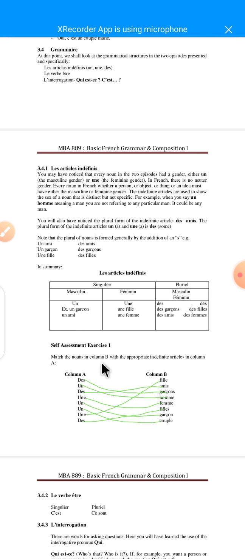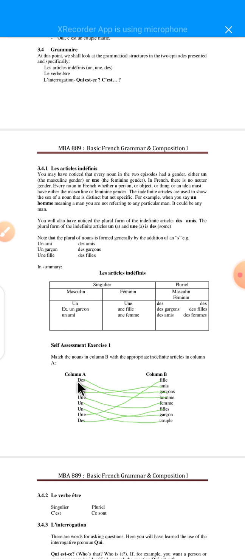Self-assessment exercise 1. Match the nouns in column B with the appropriate indefinite article in column A. Here we have des garçons, un homme, des amis, une femme, un garçon, un couple, une fille, des filles.